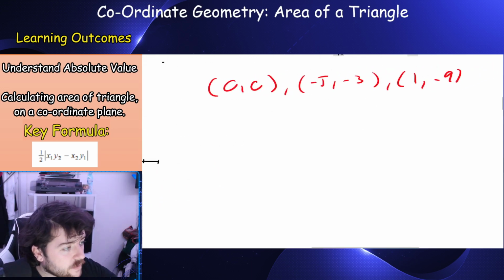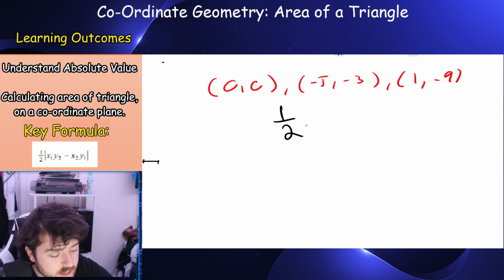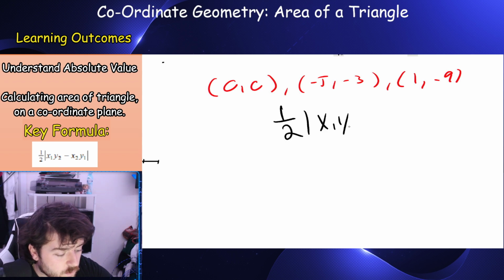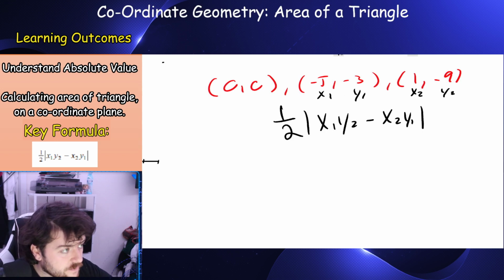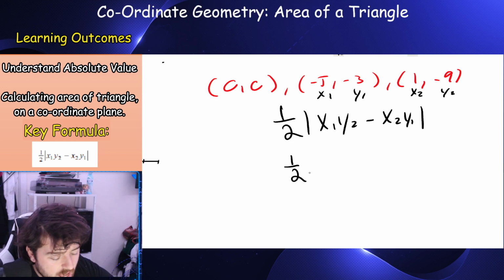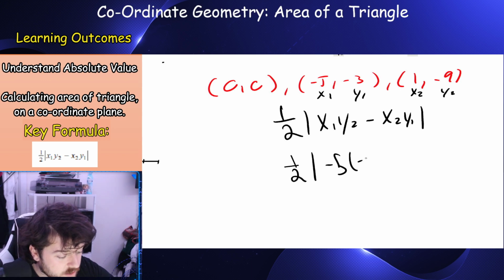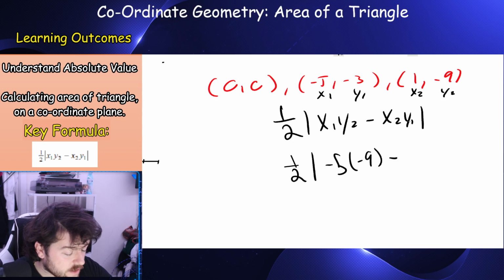So now I'm going to use my formula: a half times the absolute value of x1 y2 minus x2 y1, where the points are x1, y1 and x2, y2. So it'd be a half times x1, which is minus 5, times y2, which is minus 9, minus x2 times y1, so 1 times minus 3.